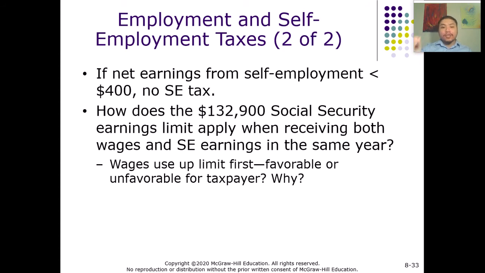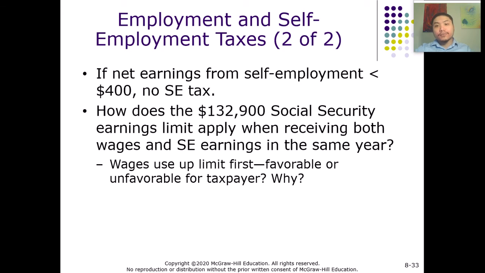So first calculate the FICA taxes that she has to pay on her employee compensation, which is basically 6.2% of Social Security plus 1.45% of Medicare taxes.